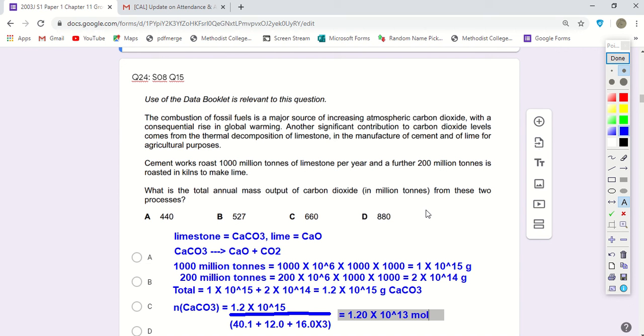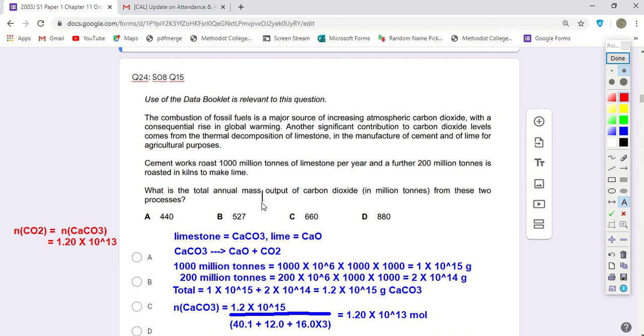So we should get the same number of mole of carbon dioxide also. I use different color to represent carbon dioxide here. So the number of mole of CO2 should be the same as the number of mole of calcium carbonate, which is 1.20 times 10 to the power of 13.